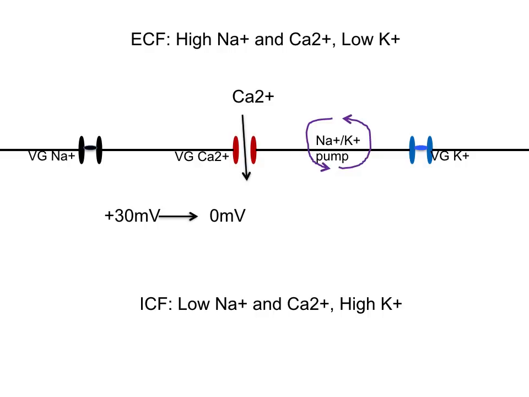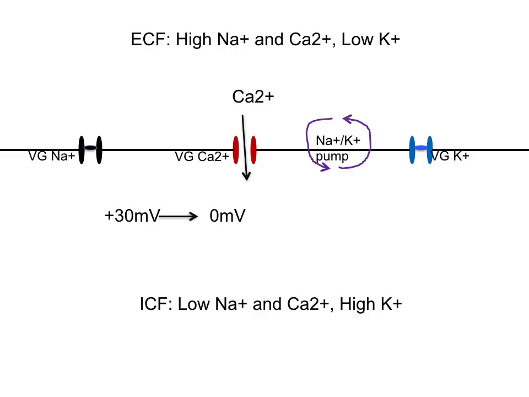Right? 0 millivolts is still depolarized. You are more positive than you are at rest. Now, in comparison, neurons and skeletal muscle fibers are only depolarized for about 2 milliseconds. So the addition of this plateau is allowing your cardiac muscle cell to stay depolarized for a significant period of time.